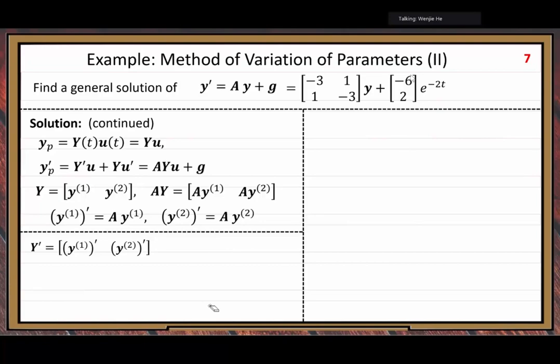Then Y prime, here we need to use Y prime, capital Y prime. So capital Y prime, like that. Here you can see capital Y prime.